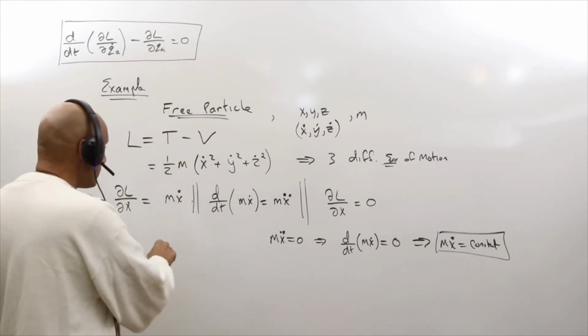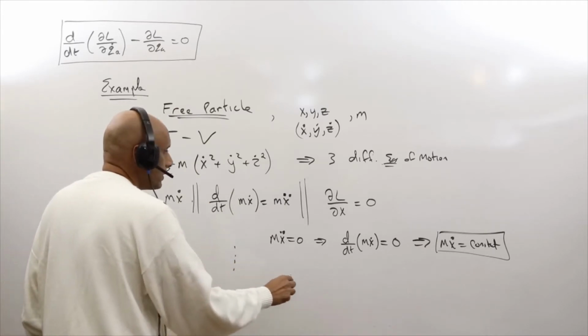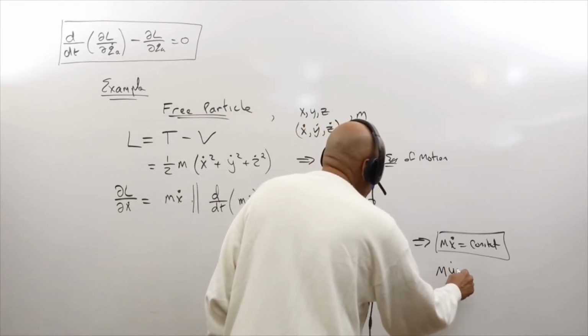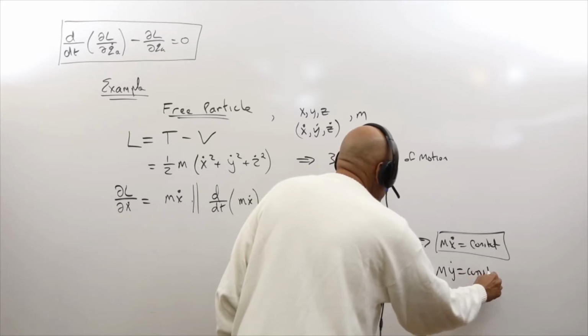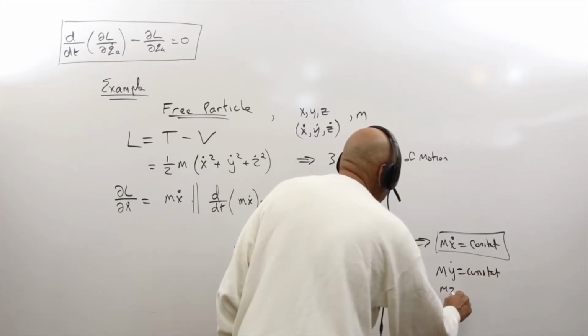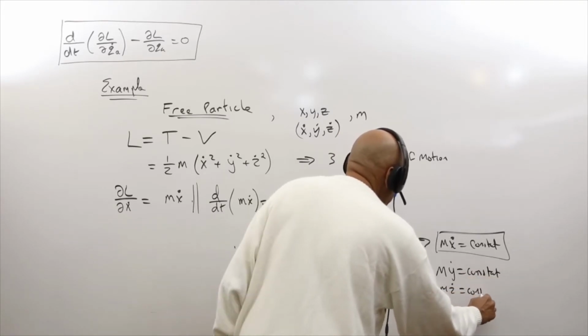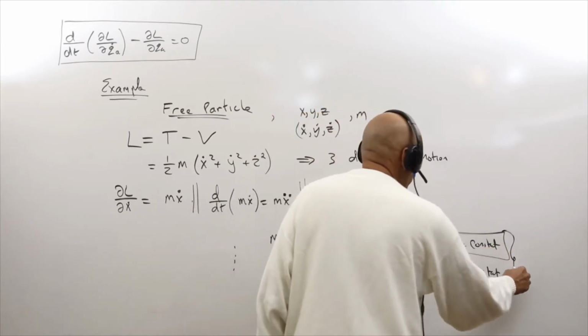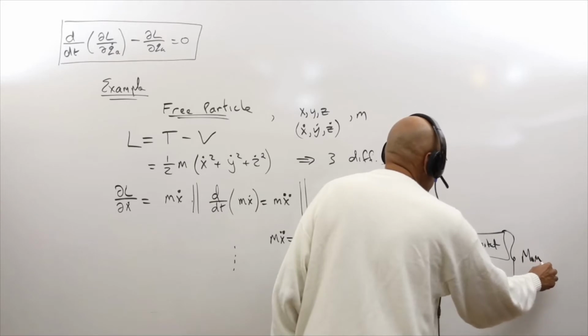We repeat this calculation exactly the same, and we'll get that the mass times y dot is a constant, and m z dot is a constant. So we have momentum conservation.